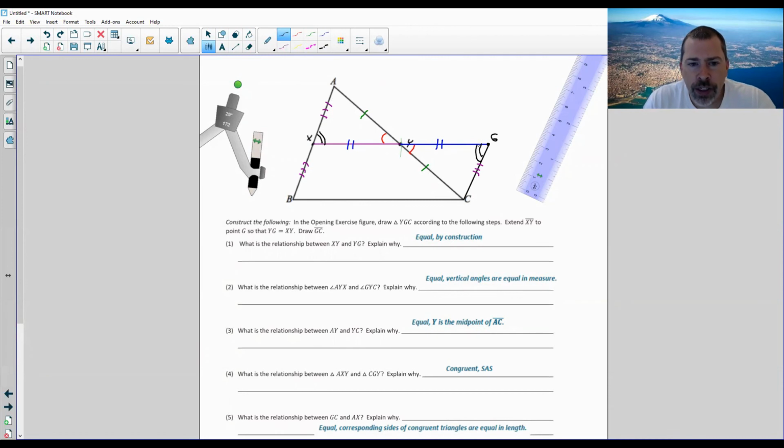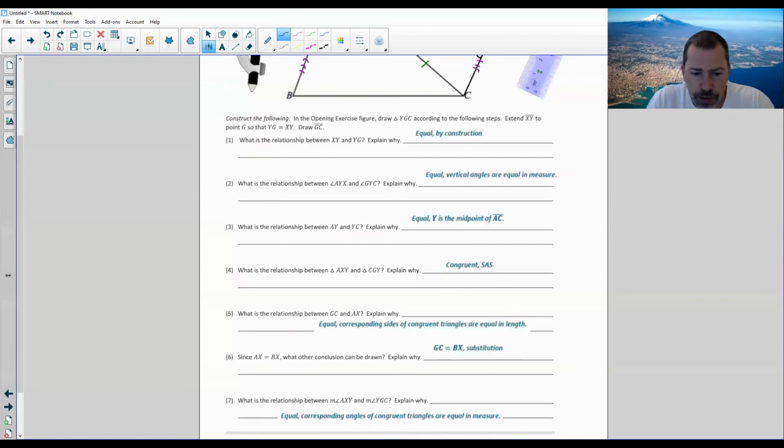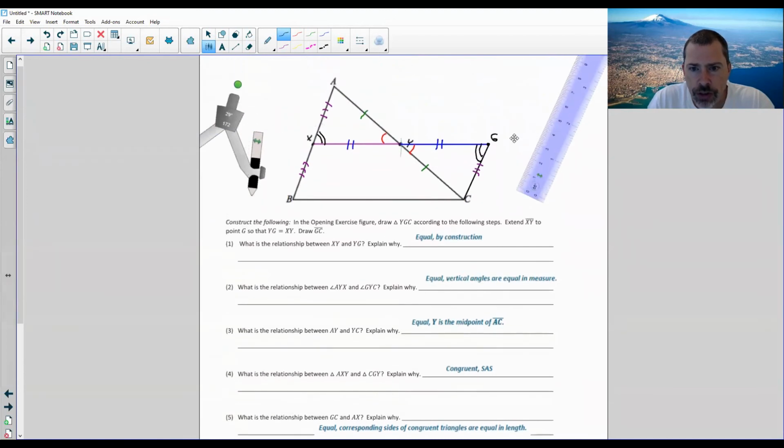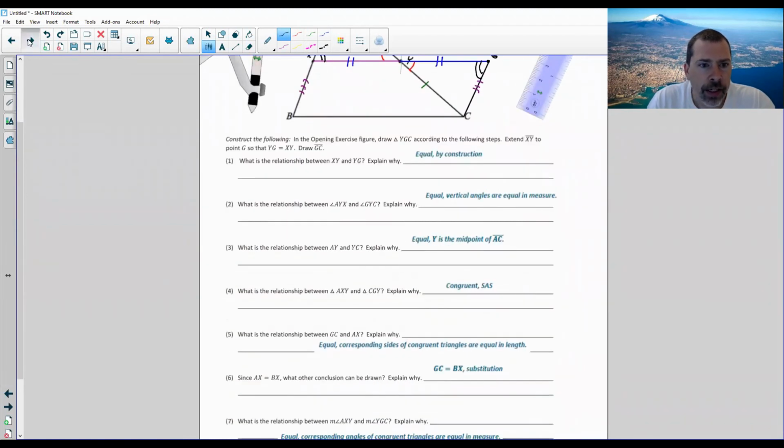But we're working the other direction. We already know these two triangles are congruent, so each angle in the correspondence to each other is going to be congruent as well. So number 7, they will be equal. Corresponding angles of congruent triangles are equal in measure. Okay, all right, next page.